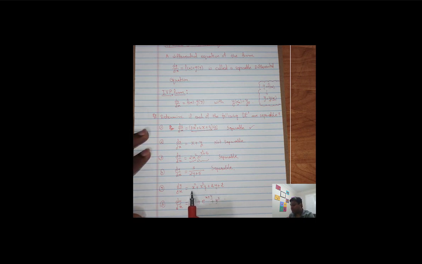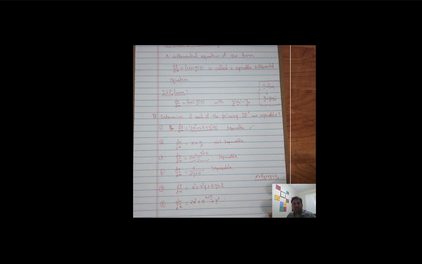In order to figure out if this is a separable differential equation or not, what I want you to do is try to use the standard factorization technique to see if you can convert this 4-term expression into factors where one factor is purely dependent on x and the other factor is purely dependent on y.